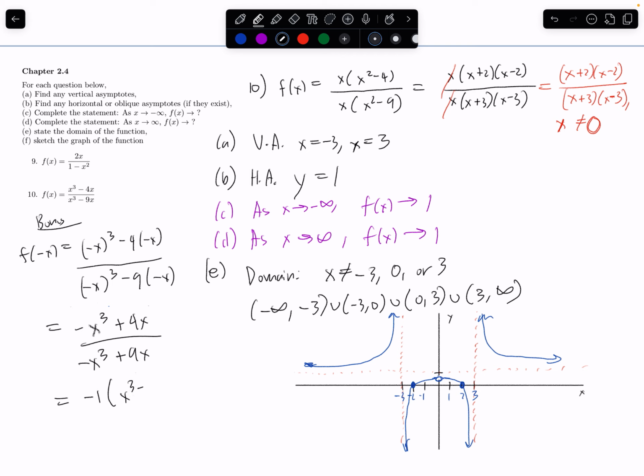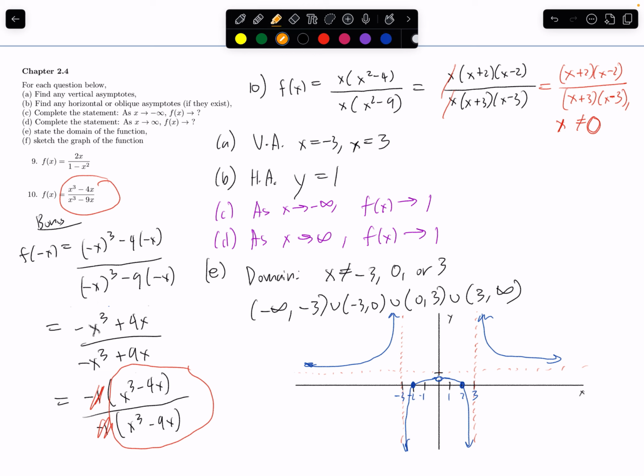That's x cubed minus 4x over negative 1 times x cubed minus 9x. Okay, and then those two negative 1s, we can cancel them out, leaving us with x cubed minus 4x over x cubed minus 9x. That's the same thing, right? So f of negative x turns out to be the same as the original, which confirms that we do in fact have an even function.